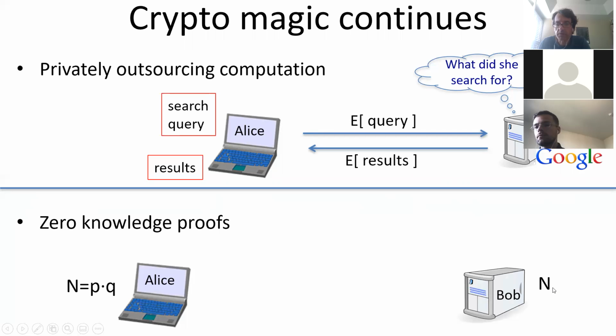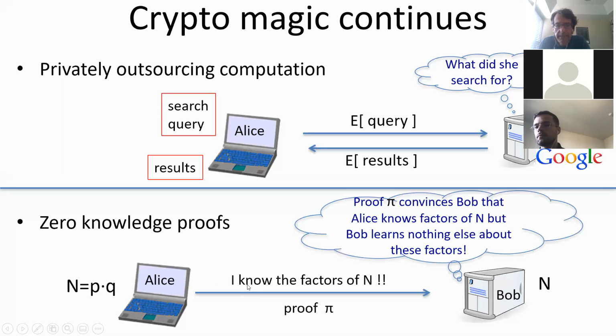Let's say Bob knows Alice's public key, but Alice knows her private key, the factorization of this RSA modulus. And Alice would like to convince the server that she is the owner of the private key corresponding to this public key.